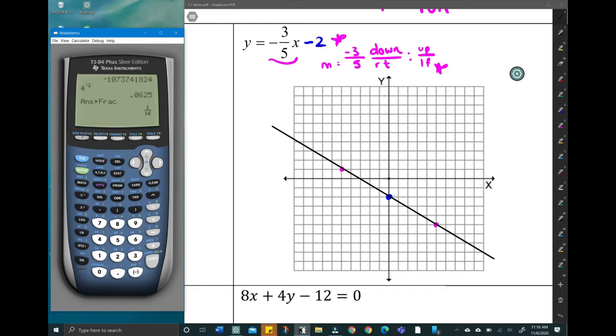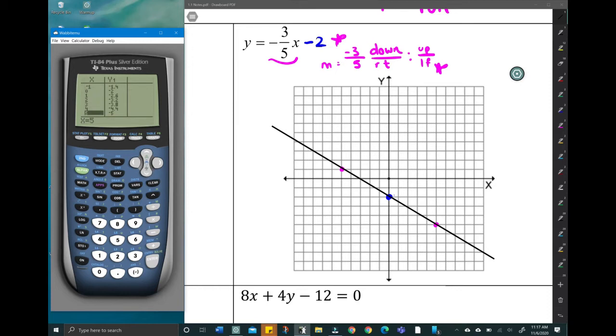So in the graphing calculator, I'm over here on the left. You can go to y equals, clear out anything that might be there, and you could simply type in -3/5 x minus 2. Make sure you get the x in there. If you hit graph, would you look at that? There's the graph for it. Even better, you can go to the table, and that's going to give you all sorts of points to graph.